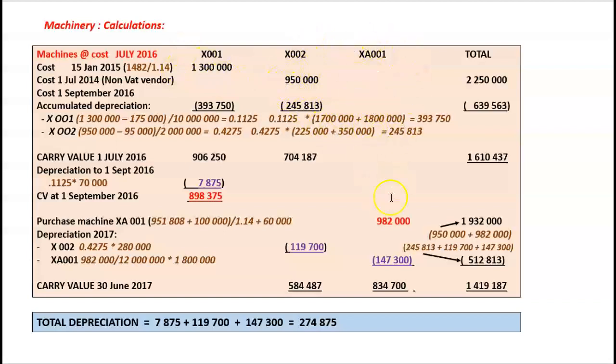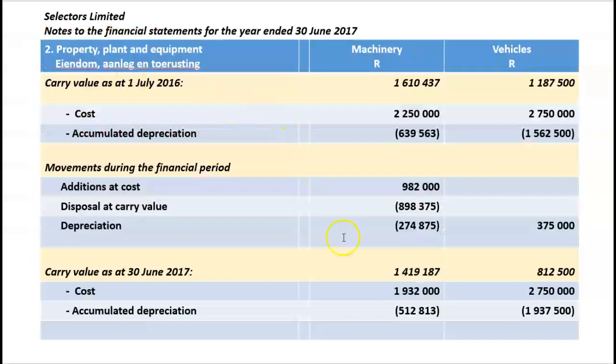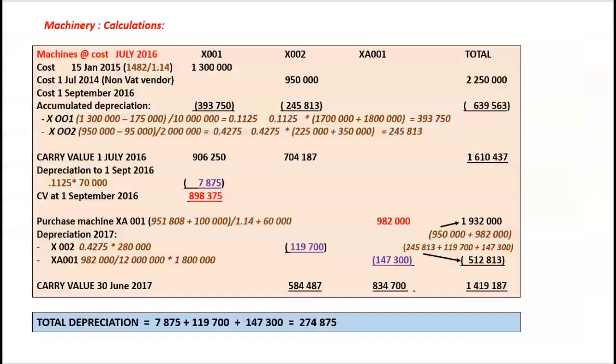plus the cost price of X001 was 982,000. So for the two machines at the year end, there's their cost price of 1,932. The 950 and the 982. So we can slot that one in, 1,932,000. Accumulated depreciation.